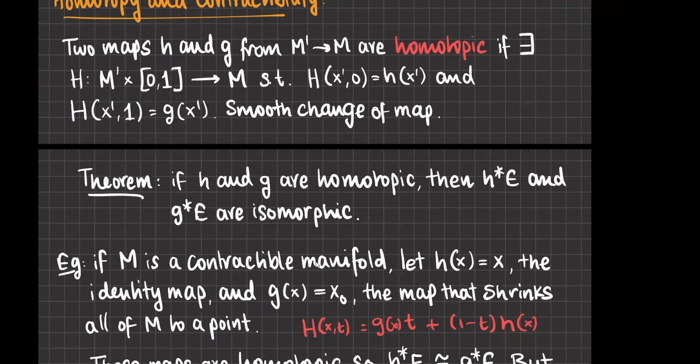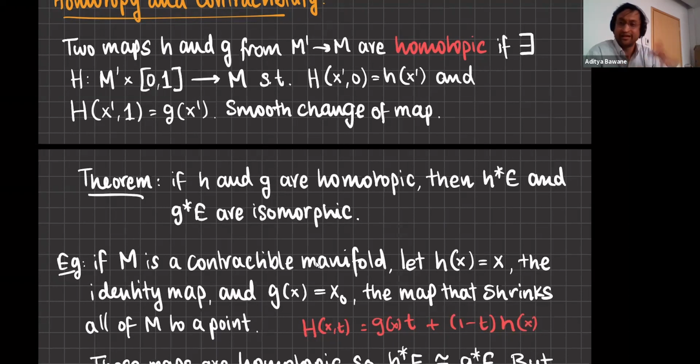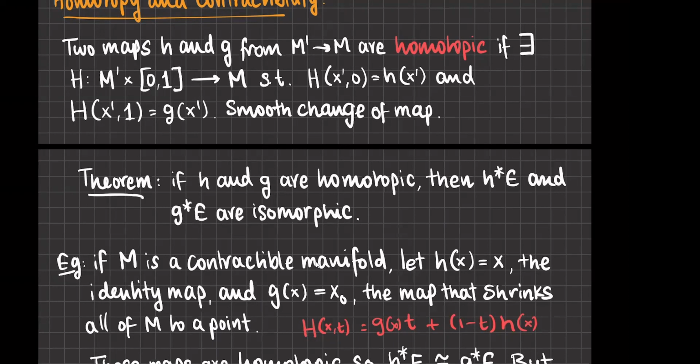Okay, let me just try to understand. H(x, t) at t equal to 0 should be G(x). So smoothness means capital H should be smooth with respect to small t, and x and t. It has to go through smooth maps. What I'm asking is that x is fine, I understand the smoothness in terms of x will be in terms of the transition functions that come with the definition of the manifold.